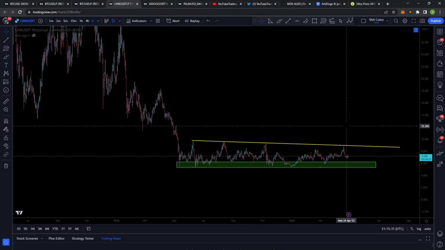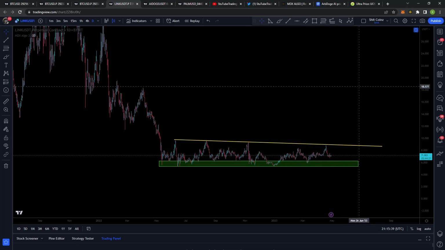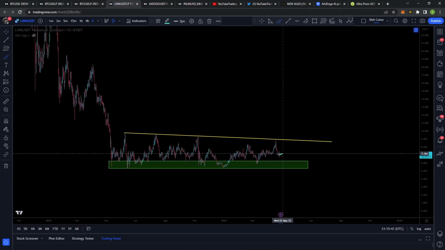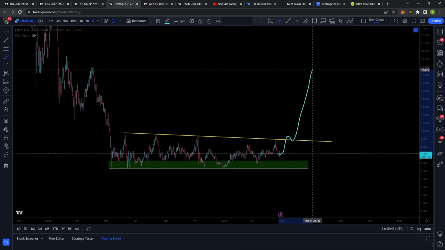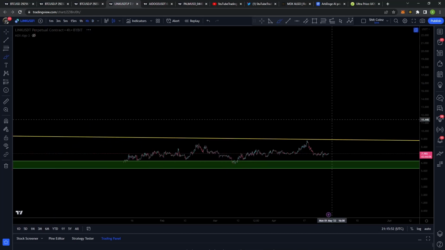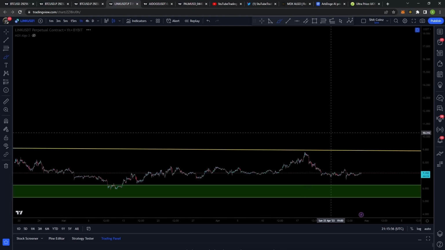This is the level as far as a bigger time frame goes. If Link can break out of that resistance, this little channel that it's been trading in, if it can get above that, that's where I think it goes for a very juicy rip. But since most of us are a little bit more degen than waiting for daily chart patterns like that, let's just slowly zoom in here.